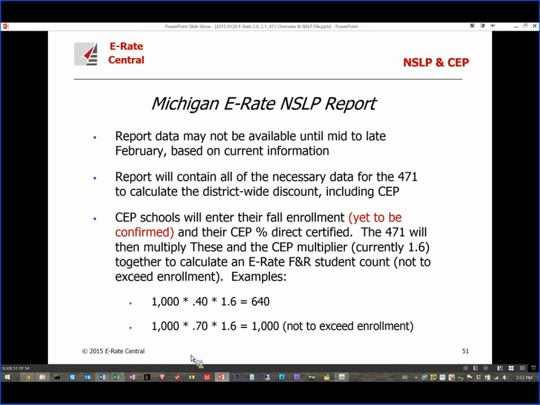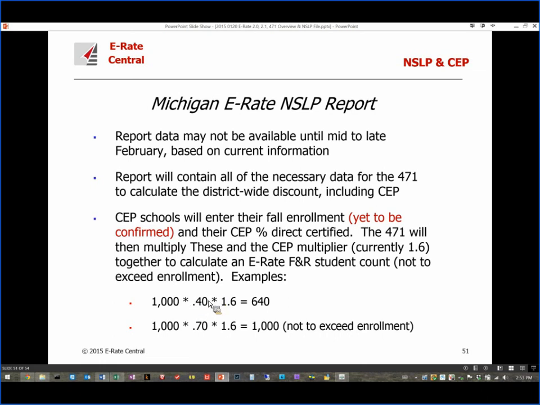The way that this is going to be handled on the 471 is that schools will enter their enrollment number, and then they'll enter their CEP percentage direct certified, which is established on some previous April 1 year.